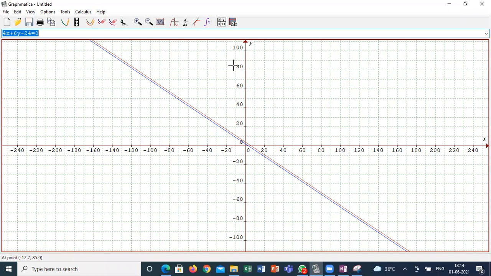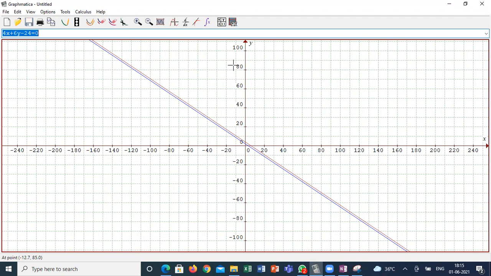Sir, how will I know without drawing the graph, how can I identify by seeing the question? The coefficients play a crucial role. The coefficients, meaning the numbers before x and y, and the constant, give an idea of how the lines will behave.